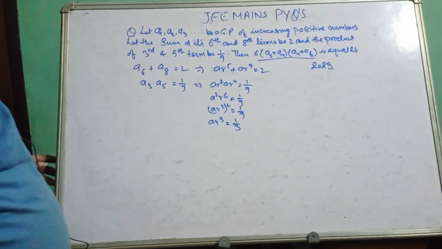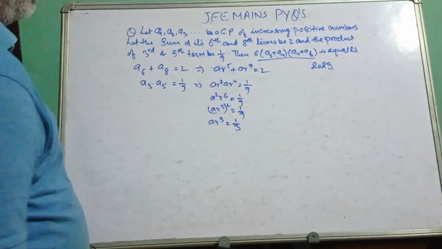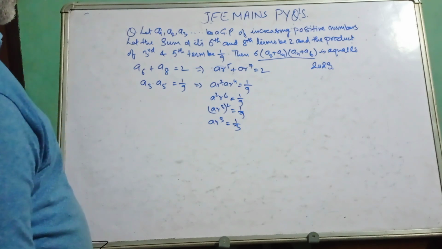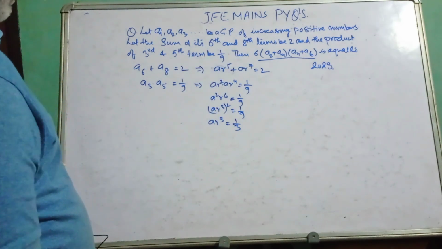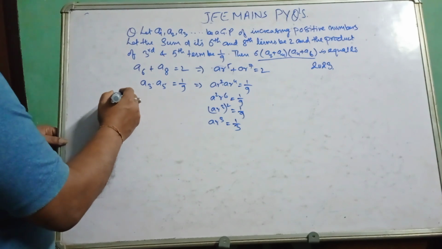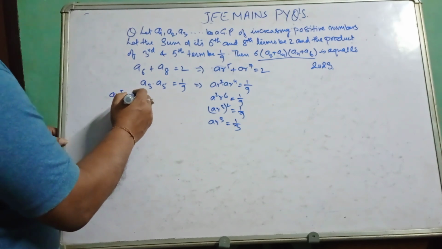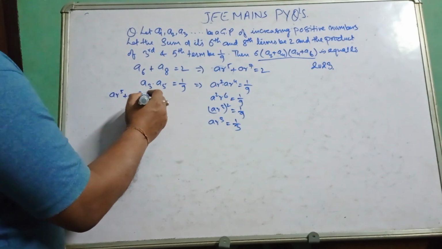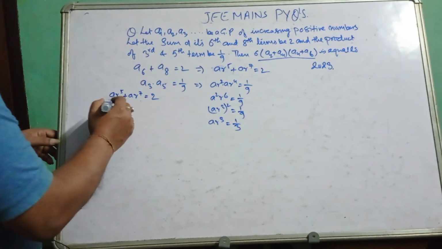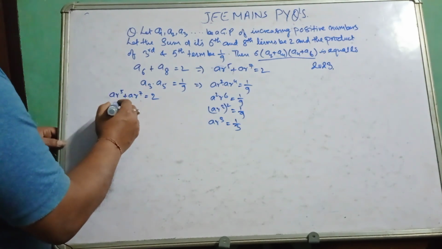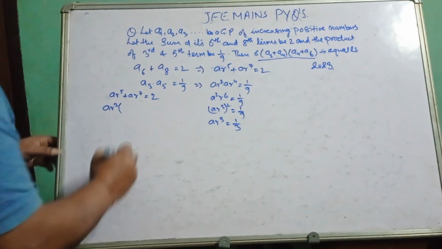Now again, AR5 plus AR7 is equal to 2. Here it is better to take AR to the power of 3 common.